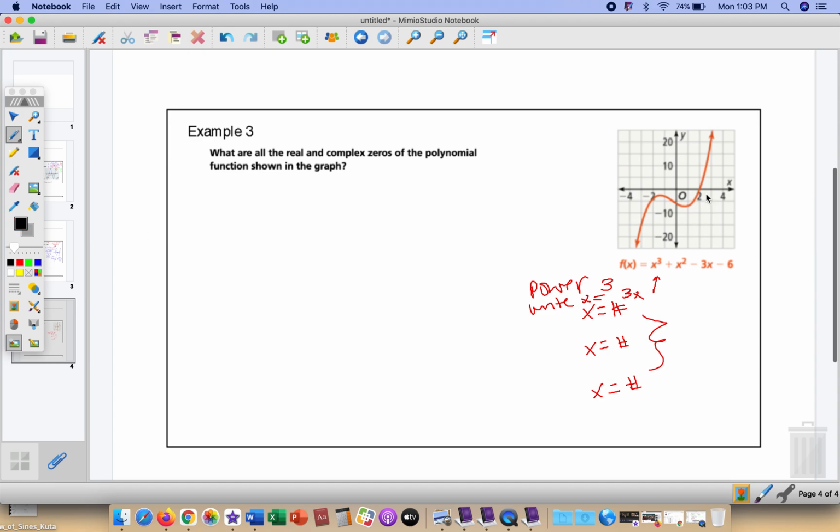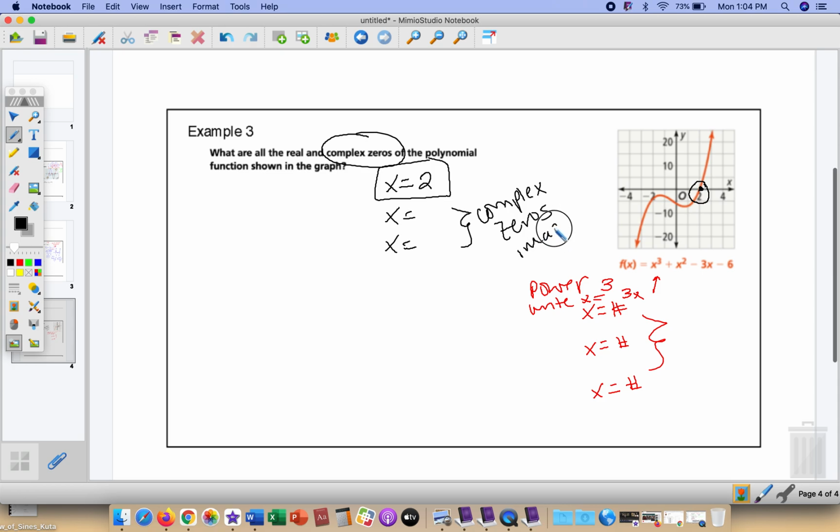So let's look over here. We only see it touch the x-axis here at 2, right? So if we have 3 x equals, we see it touch at 2, so x equals 2, the x value is 2. Now we don't see it touch anywhere else, so that means that we have complex zeros, imaginary, right?